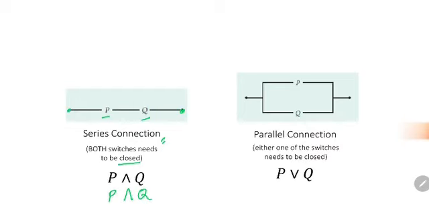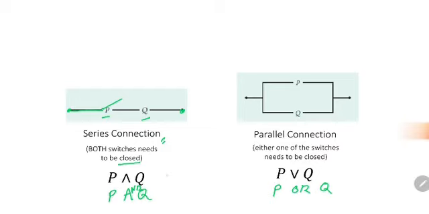That makes sense because if Q is open, then your current only reaches up to here. It won't reach the end, especially if P is open. However, if you have a parallel connection, even if only one of them is closed, it works. So we use OR: P or Q. In the series connection, P and Q must both be closed for the current to flow from one terminal to another. Okay?